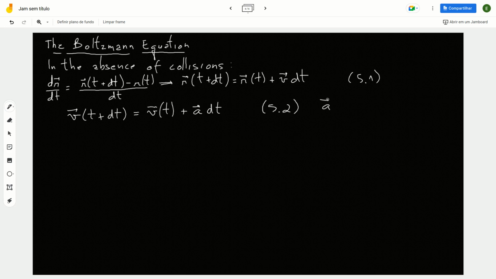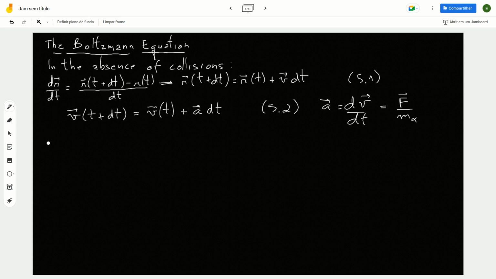5.2, where I'm using a equal to dv/dt. Okay, and also I may write a like this. Force is mass times acceleration, and here I'm using the mass of the alpha particle, right?